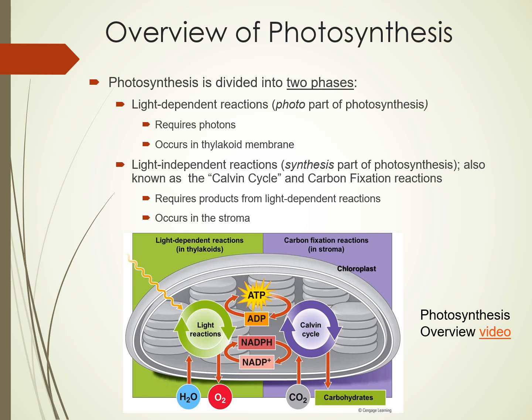This phase is also known as the Calvin cycle and the carbon fixation reactions phase because carbon is utilized to build glucose. This second phase occurs in the fluid-filled stroma, and it requires products from the first phase. Watch the linked video for an overview of the process of photosynthesis.